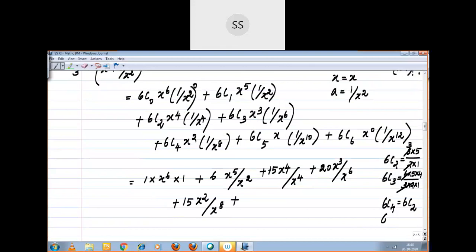So, 15 into x square divided by x power 8 plus 6c5 equals 6c1. So, 6 into 6x divided by x power 10 plus 1 into 1 by x power 12.